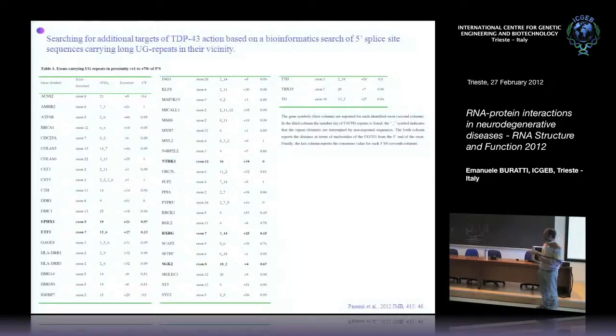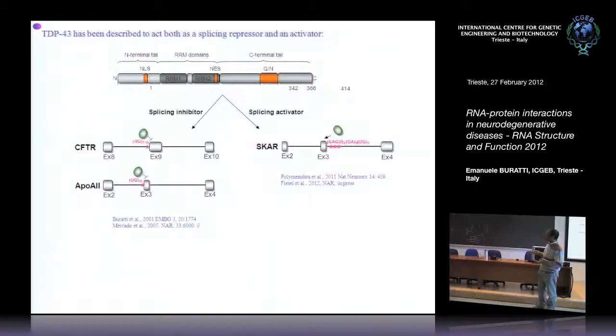I must say that at the endogenous level, we did not manage to see any changes. So this means that basically having a UG sequence very near to the 5' splice site of an exon is not usually sufficient to either act as a TDP43 binding site or to be very capable of affecting the recognition of the exon.